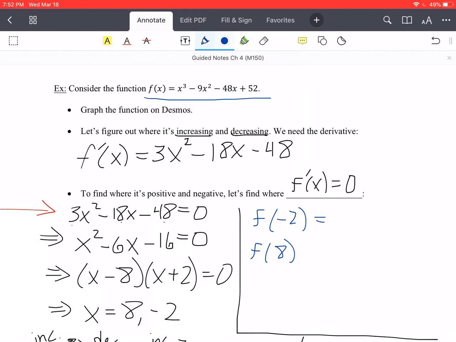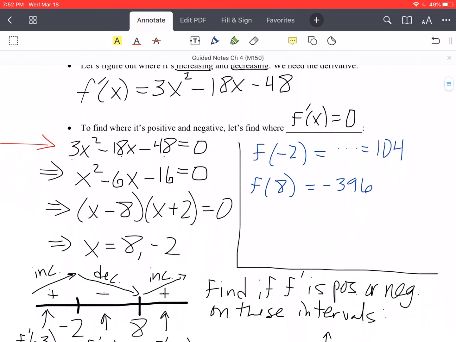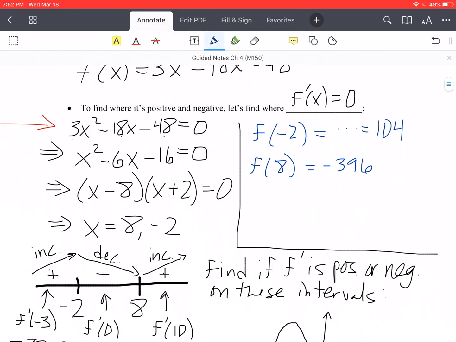Well, f of -2, I'll save you all the work right here, that's 104. And f of 8 is -396. So you can see fairly quickly why Desmos wasn't working out too nicely for us, because this function, like we saw, is just huge.